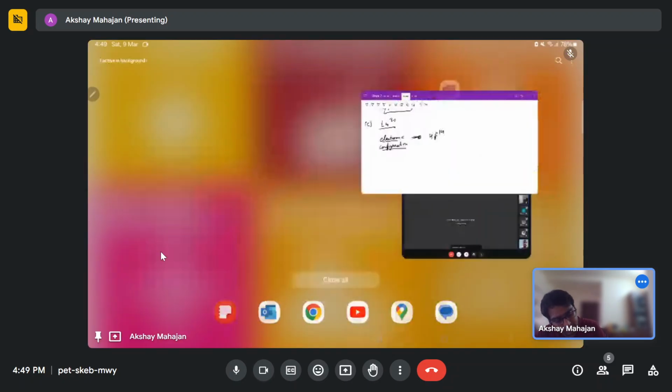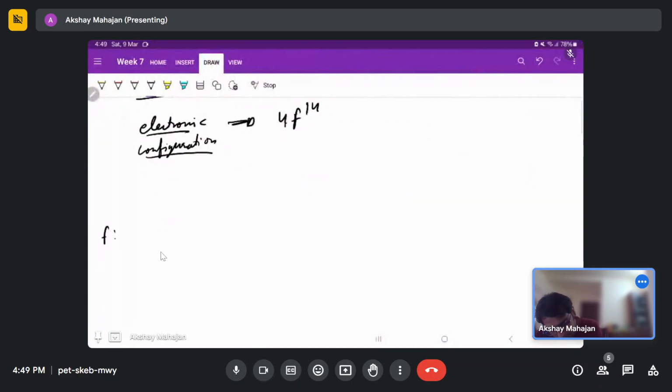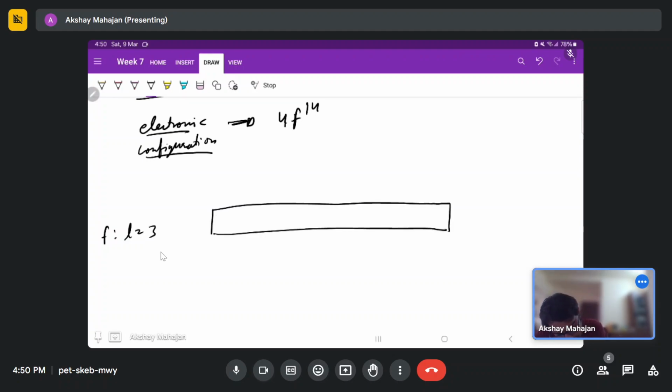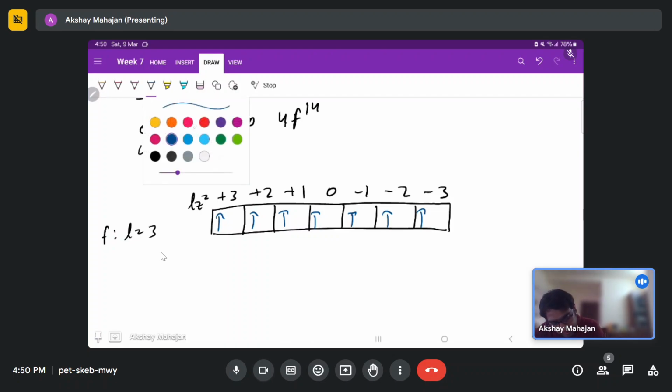Now again for f, L is equal to 3. So we will have Lz values equal to plus 3, plus 2, plus 1, 0, minus 1, minus 2, minus 3. We have 14 electrons. So first we go with Hund's first rule, and we fill all the subshells with spin up, and then spin down.